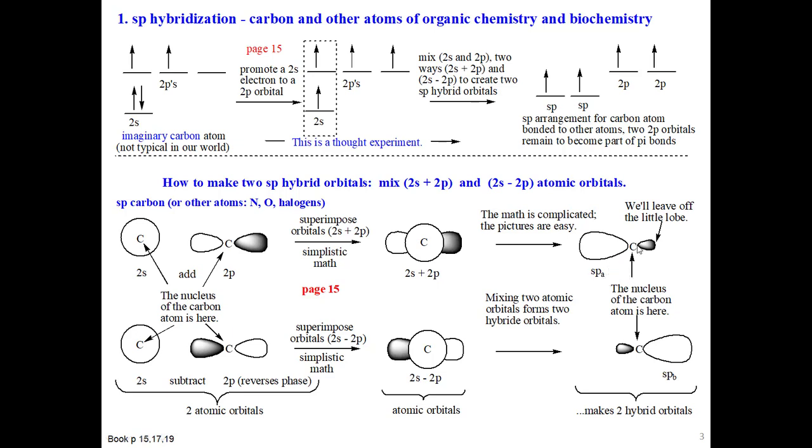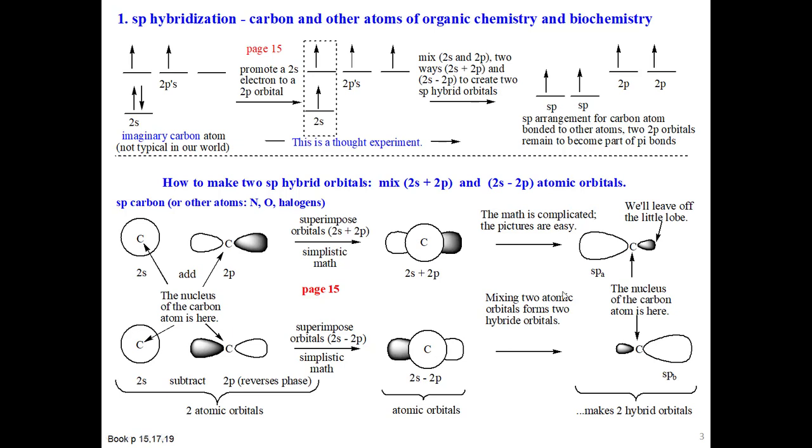You'll notice in the shape that I have here, it's pointing to the left. Now mathematically, we're going to mix them a different way. Instead of adding them, we're going to subtract them. This time, when I subtract, the phase signs will change. So one phase that was on the right is now on the left. When I add these together, the similar phase will be on the right this time.